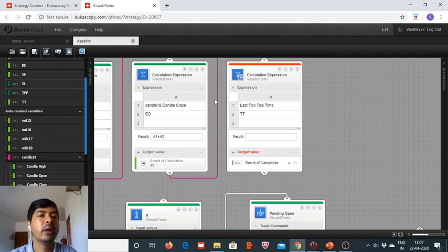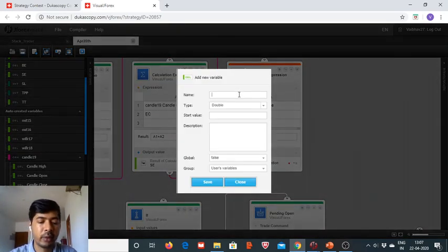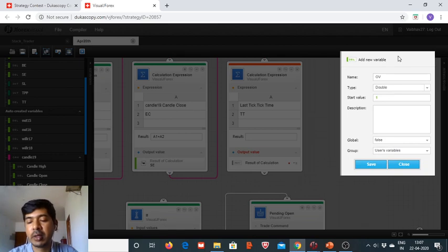conversion as well. And just to give you an idea, here we create the order validity variable, and I am simply writing 1. It is not required if you are simply keeping it for 1 hour, but let's say that I want to keep it for half an hour, then I can do it like this, 0.5, it will be for half an hour. If I do 0.75, it will be for 45 minutes.